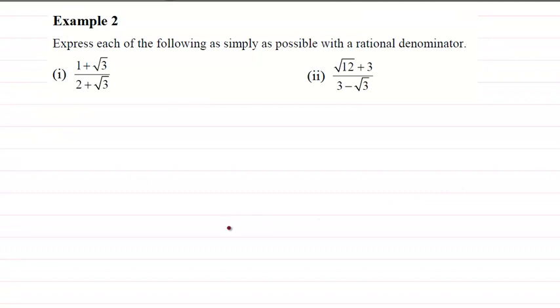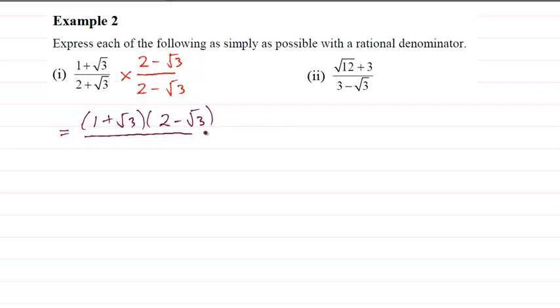Example 2. So these questions are more complicated, but the principle is the same. Multiply the top and bottom by the conjugate here, which is 2 minus root 3. Same thing on the bottom. Now this is equal to, on the top we got 2 brackets, 1 plus root 3, then 2 minus root 3.